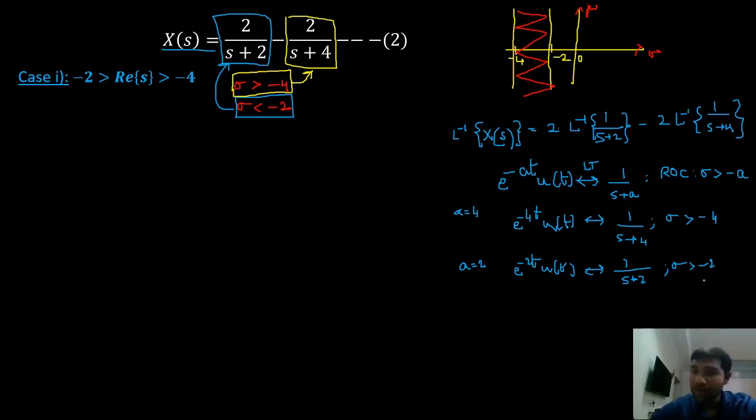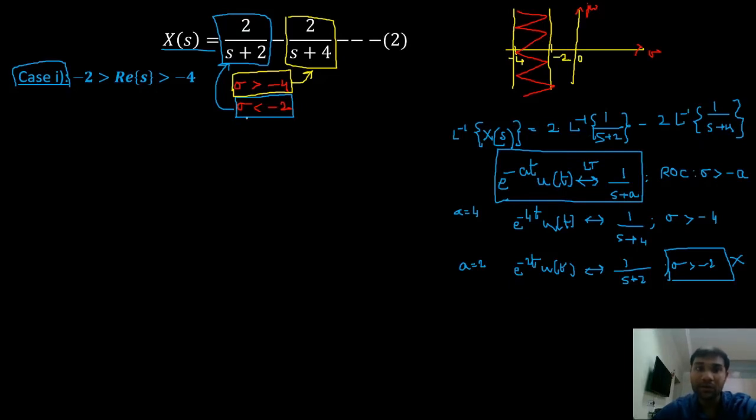Now, do we have the ROC sigma greater than minus 2 specified in case 1? In the first case, sigma greater than minus 2 is not specified. We have sigma less than minus 2. So I can't use this Laplace transform pair for my first term.